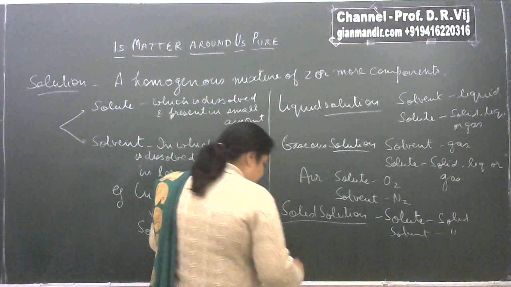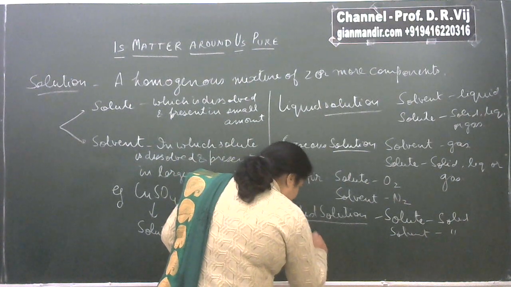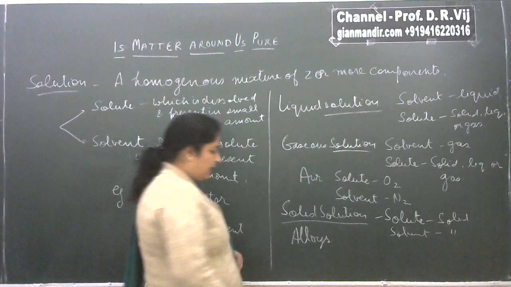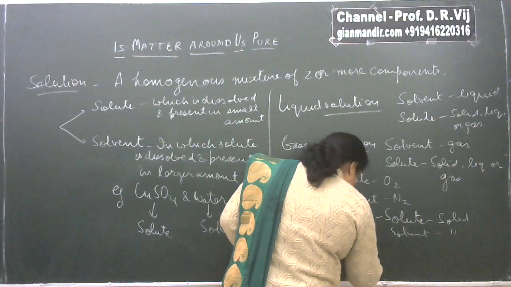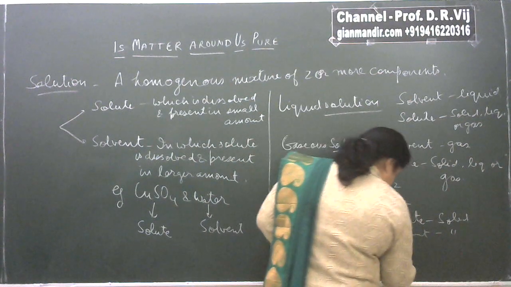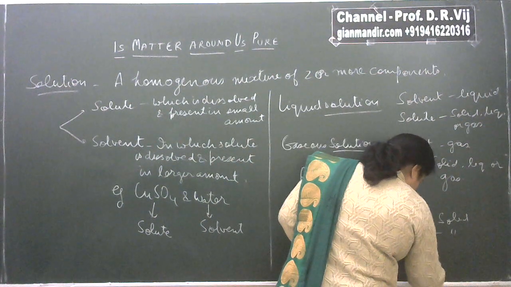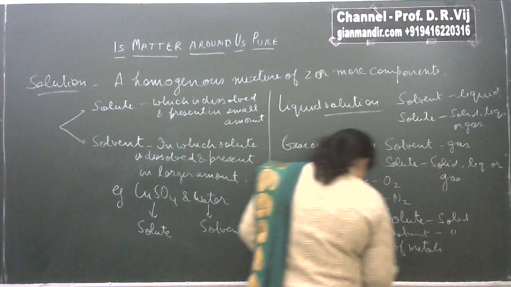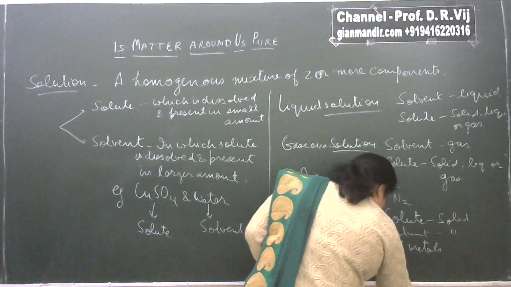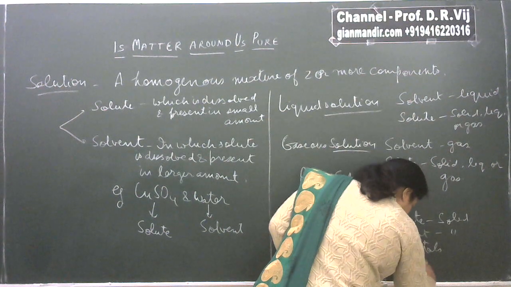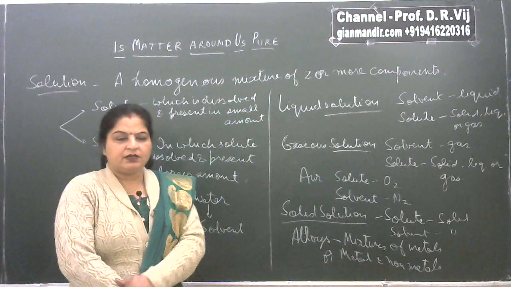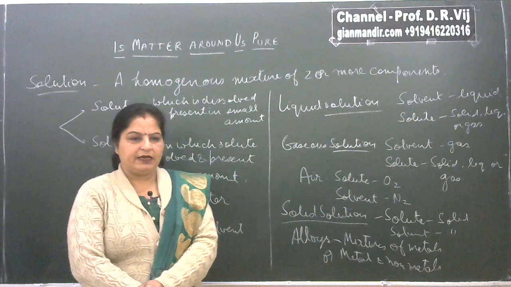So in this case we can take the example of alloys. Alloys are what? These are mixtures of metals or metal and non-metals. So alloys have very important use in our daily life.